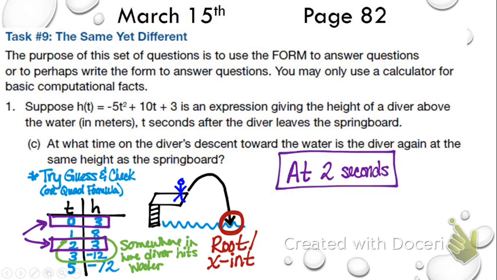How could I have done that if we hadn't saved this table with the guess and check? How could I use the equation, the form, to determine this? What was the diver's initial height? 3 meters. So I could put 3 meters in the place of the height. So I'd put 3 in over here.